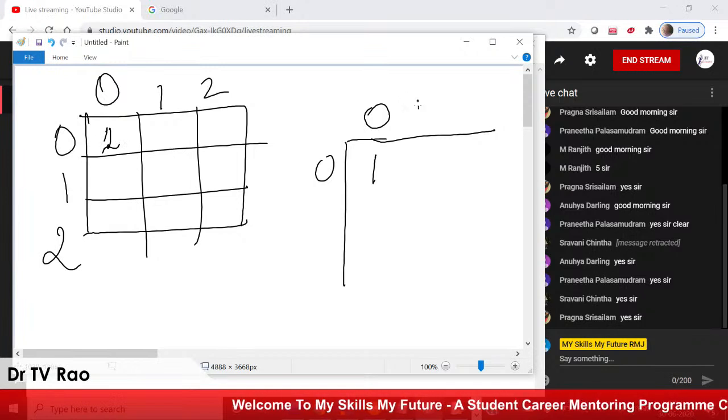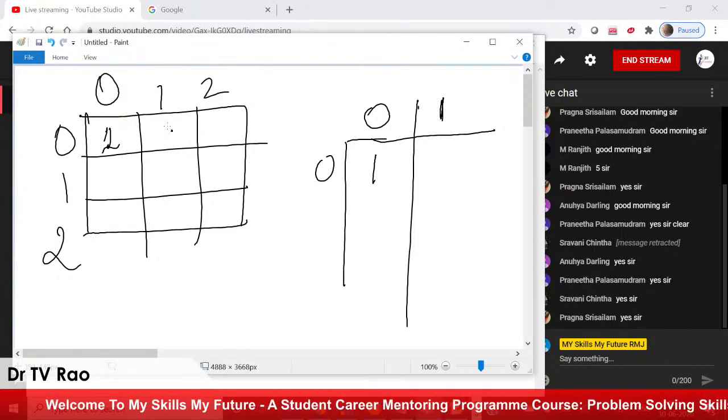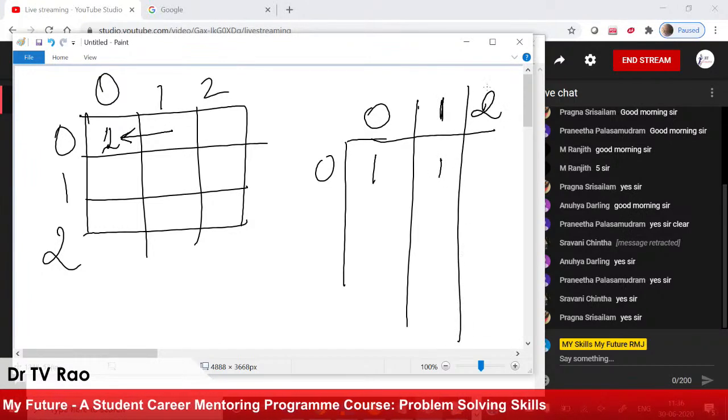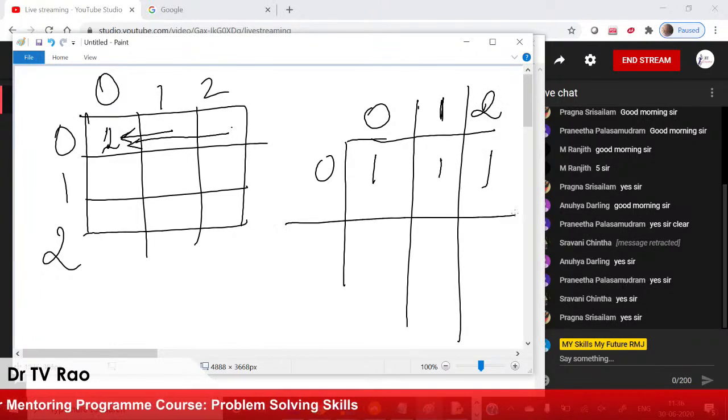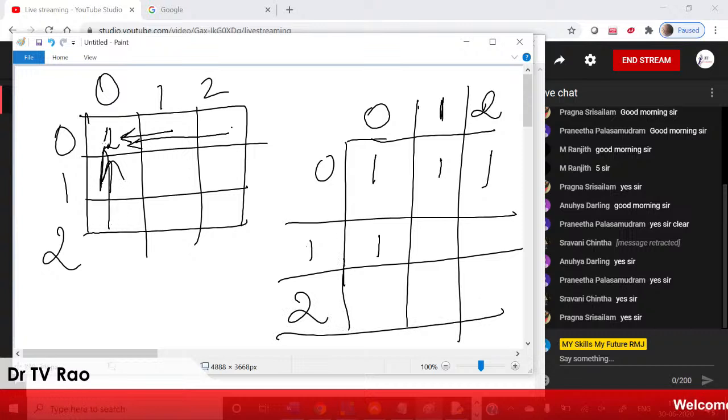From 1, 0, there's only one way. From here one way. From here there are two ways.